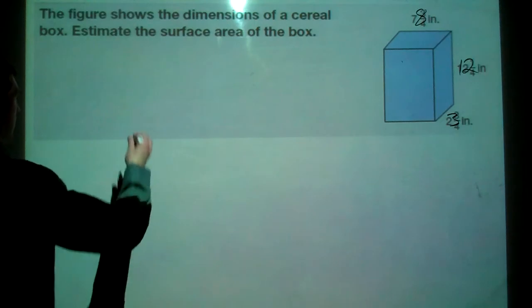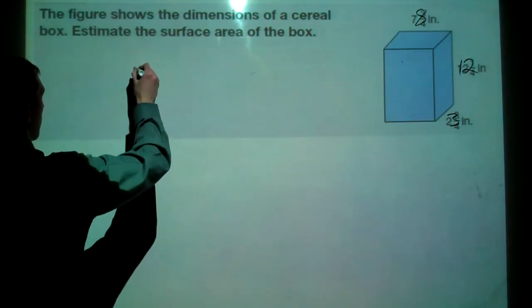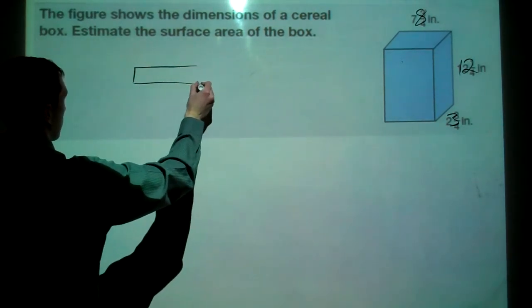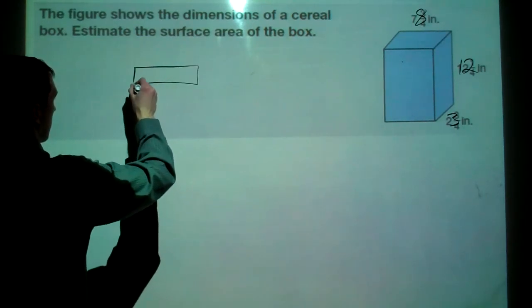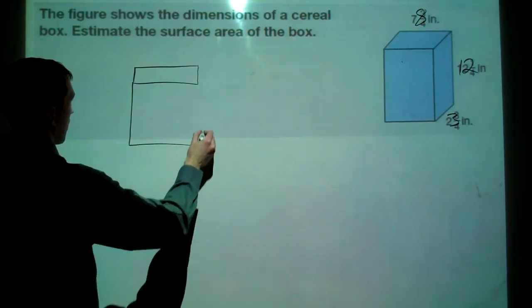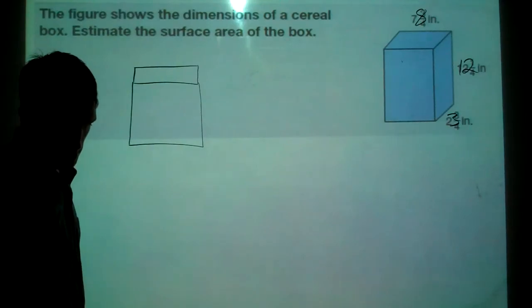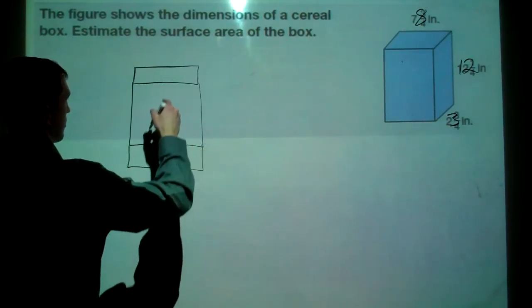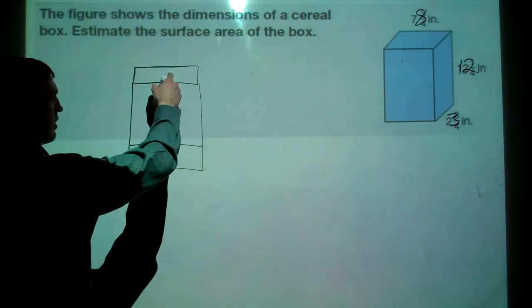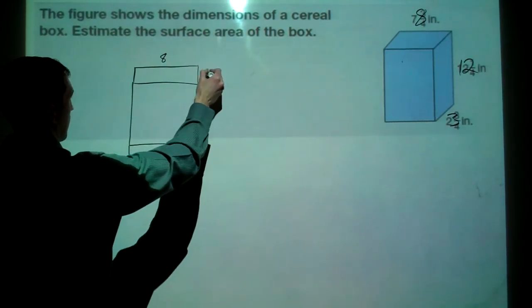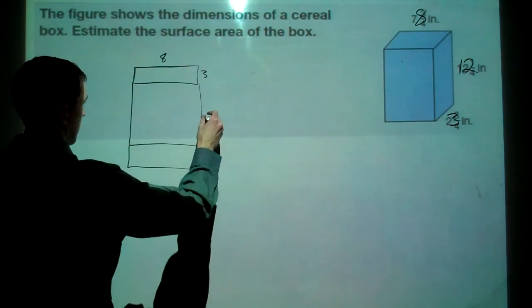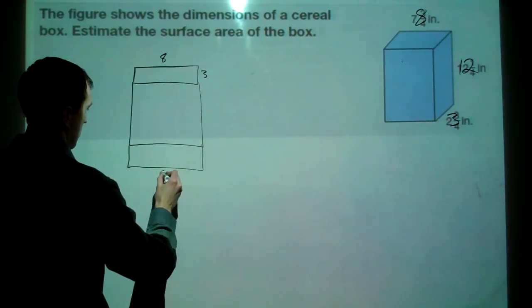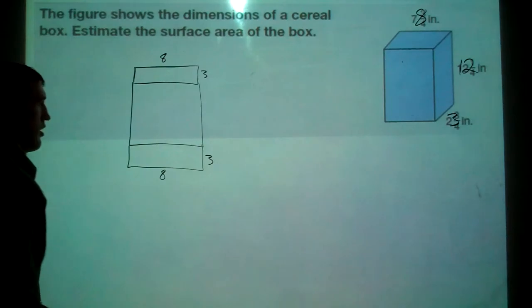We have a top and a bottom. Something like this, I think. So top, this would be an 8 by 3. This would be a 12-inch, 8 by 3. Okay?